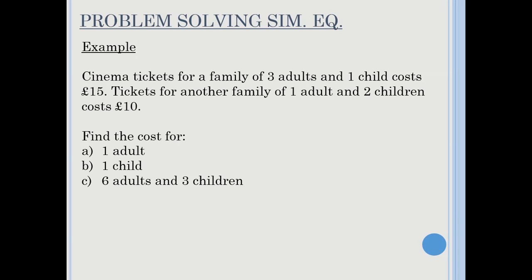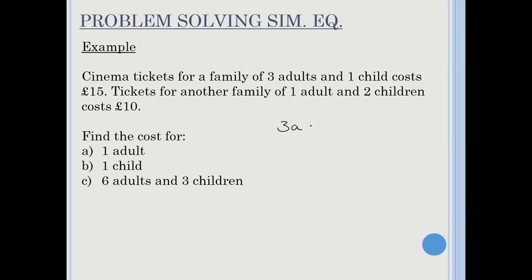Now, instantly the first thing that stands out for me is they've not given me any equations. There's no mention of solving, so that's the first thing, to be able to actually identify that this has simultaneous equations. What we can see though is we've got 3 adults, so we can start to actually form equations.